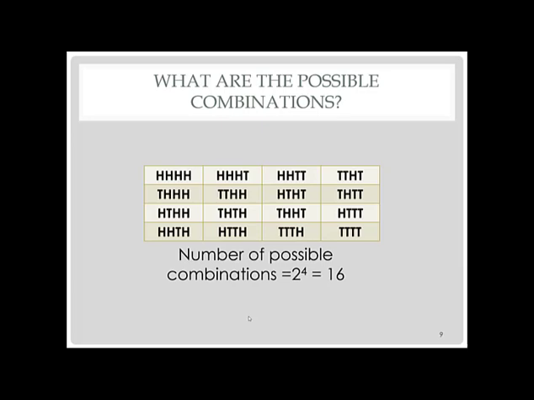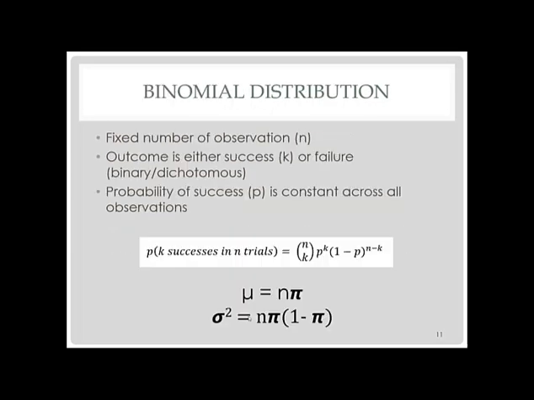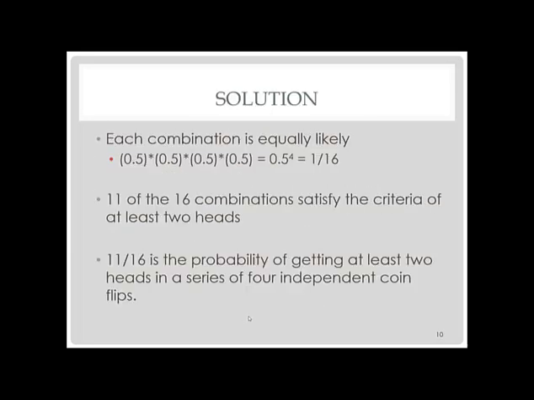We could count those up. So 11 out of 16 is the probability of getting at least 2 heads in a series of 4 independent coin flips, assuming that the probability is constant across those flips. The probability of heads is 0.5, tails 0.5.